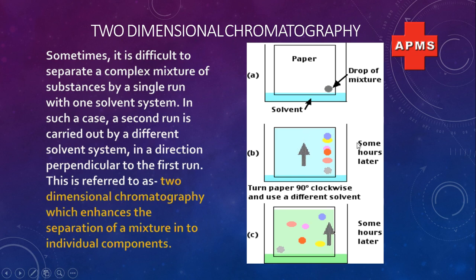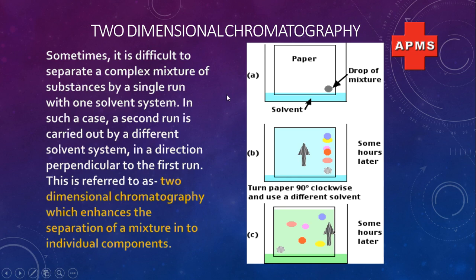more than one component. So what we do is apply two-dimensional chromatography, where we turn this paper 90 degrees and put this side in contact with another suitable solvent which can separate these mixed component points. So this is two-dimensional chromatography.